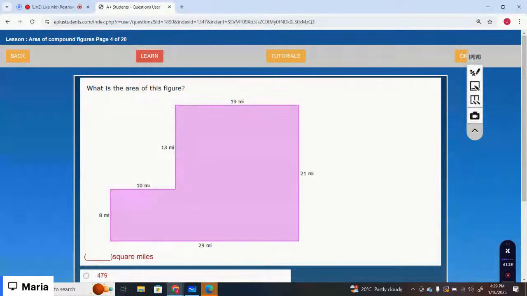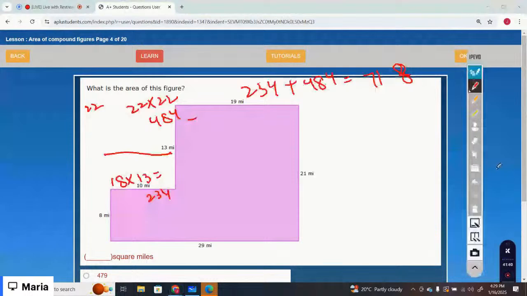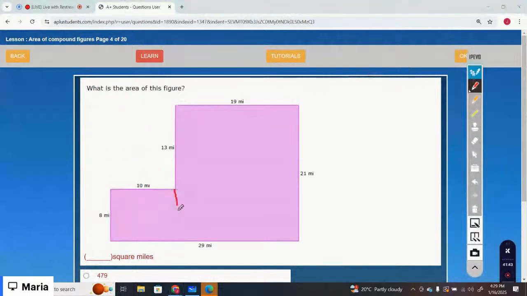What is the area of the figure? That is 21 times.